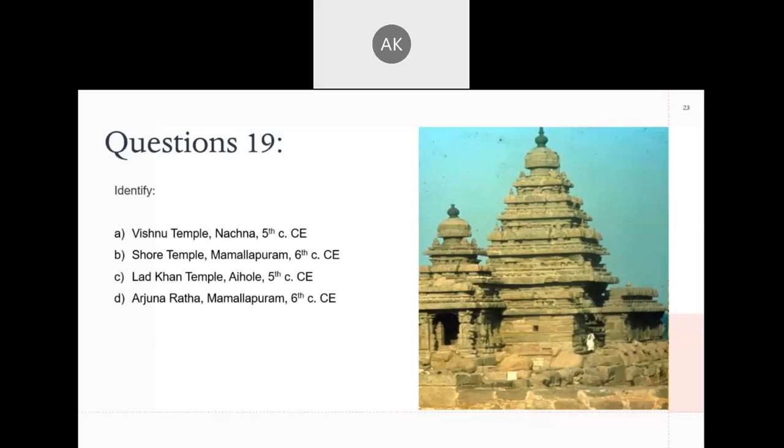Is it Vishnu temple of Nachna, Shore temple of Mamallapuram belonging to 6th century CE, Ladkhan temple of Aihole, or Arjuna Rath of Mamallapuram? So this is the Shore temple at Mamallapuram belonging to 6th century CE.